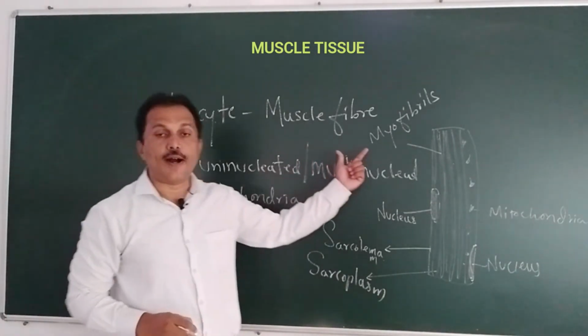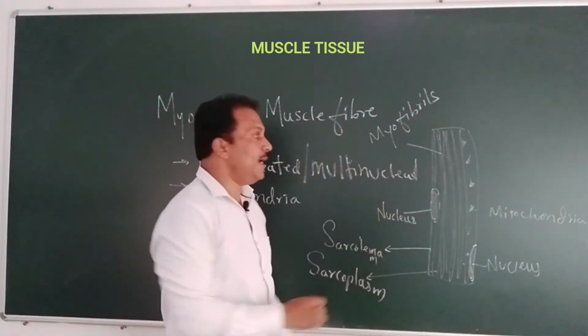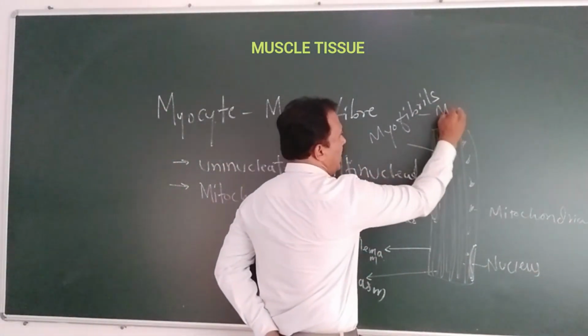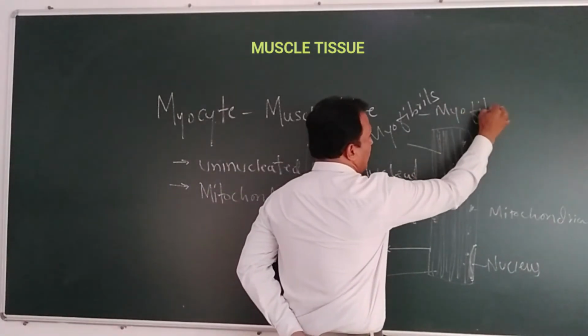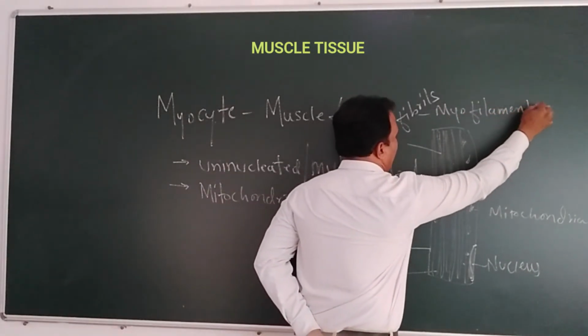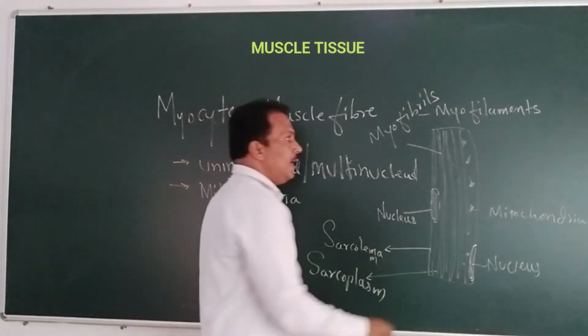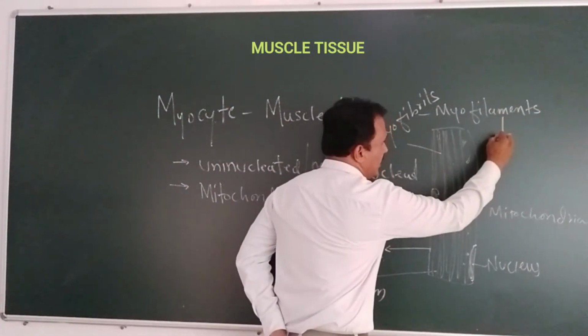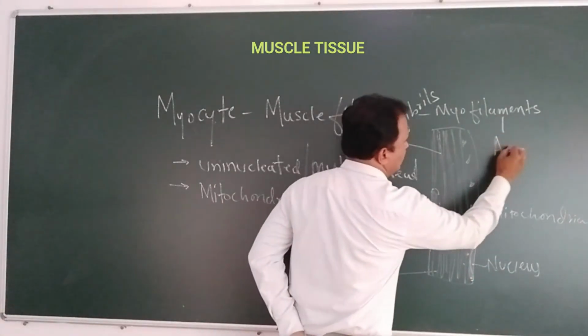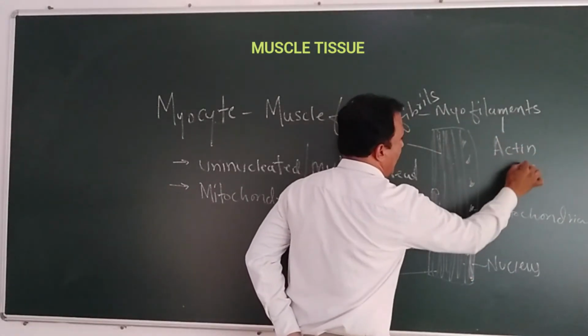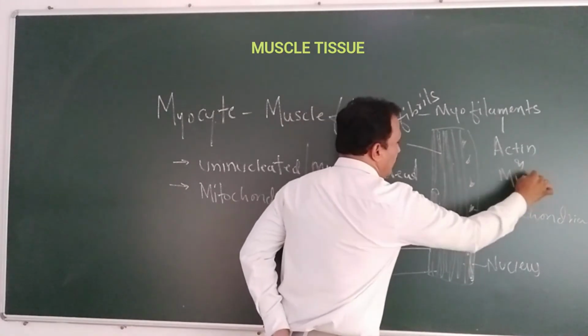These myofibrils are further made up of myofilaments, and these myofilaments are again made up of proteins known as actin and myosin.